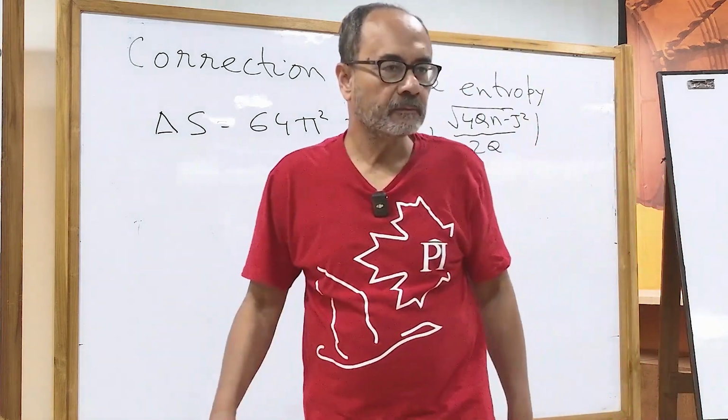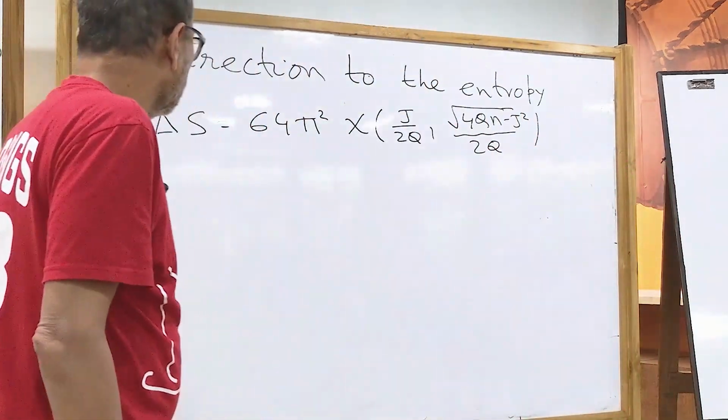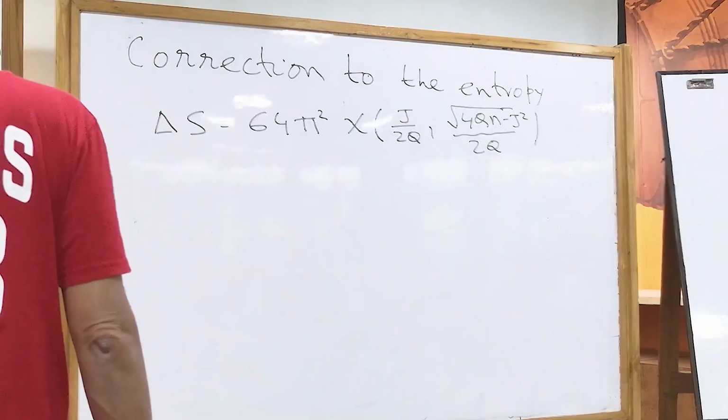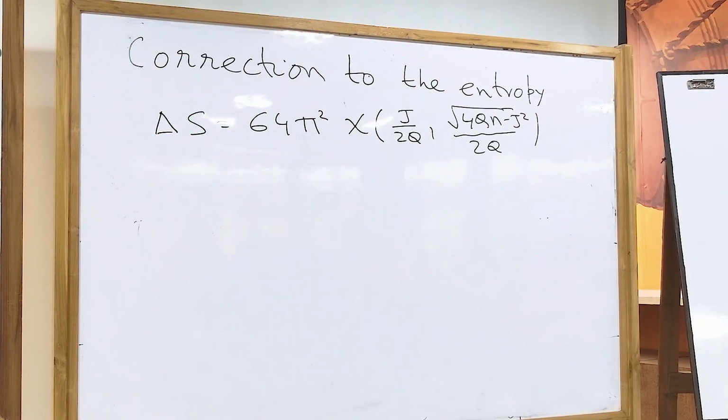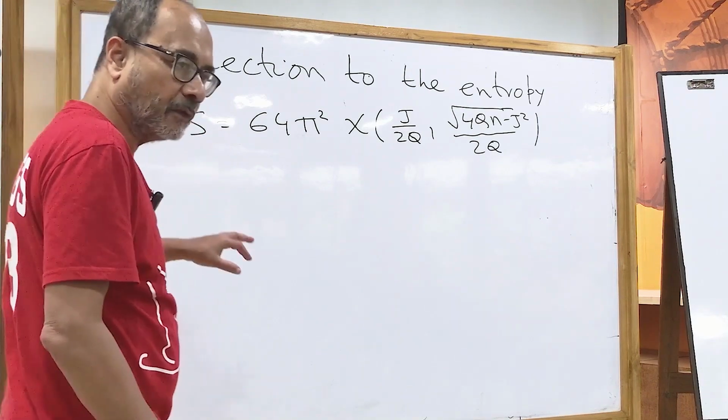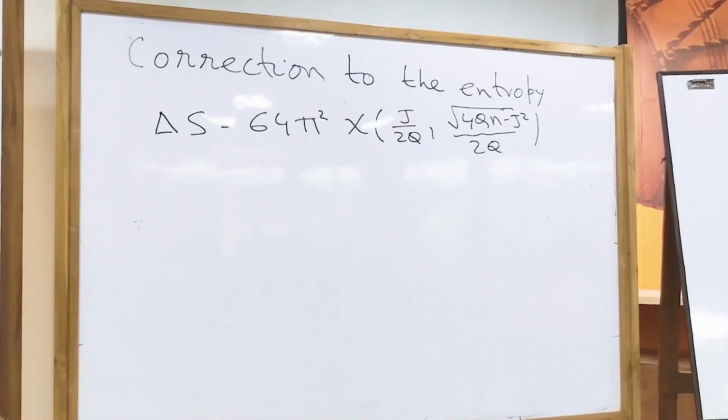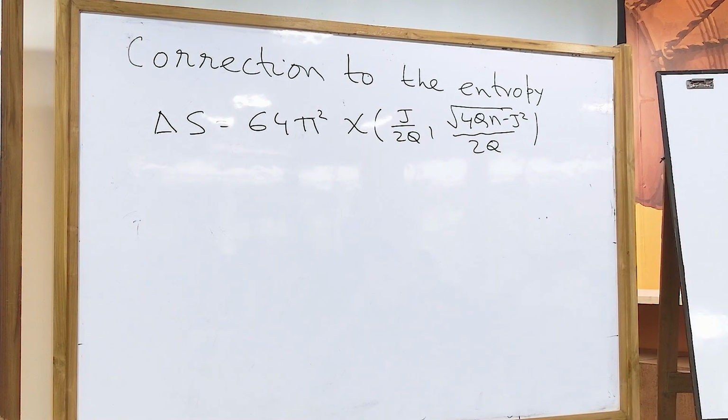So, 64 pi square comes from, there's an 8 pi square multiplying the whole thing, right? So that enters this formula. And then there are some additional factors of 8 that come from evaluating this combination. This has to be evaluated on the inner horizon, and that gives an additional factor of 8.